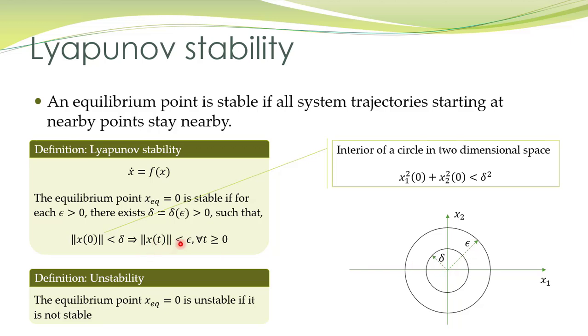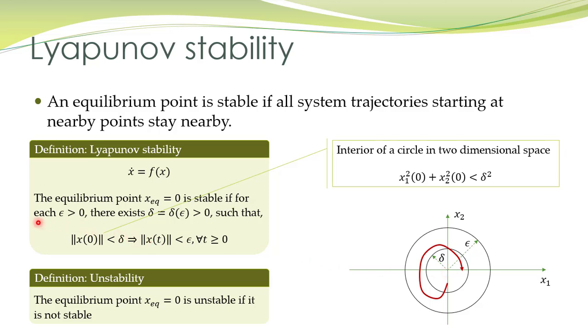So this definition states that an equilibrium point at origin will be stable if corresponding to each epsilon there exists a delta such that all trajectories starting from the interior of this circle stay within the interior of this bigger circle of radius epsilon. That is depicted over here. A trajectory starting from within this circle stayed within this circle, hence the equilibrium point at origin is stable.